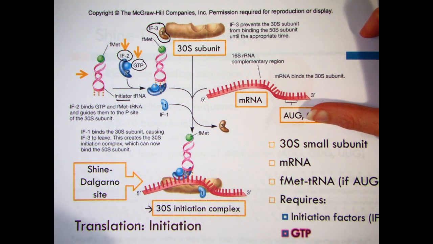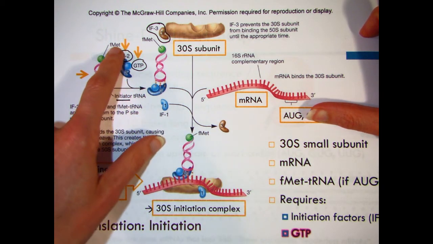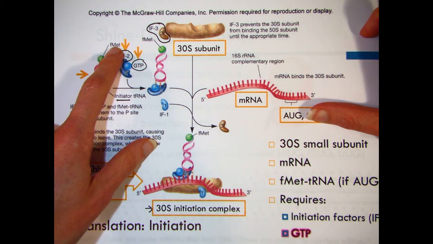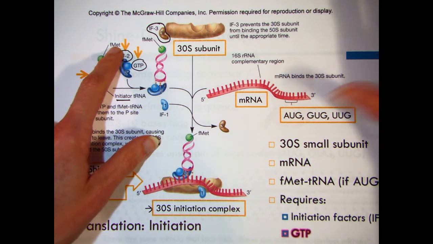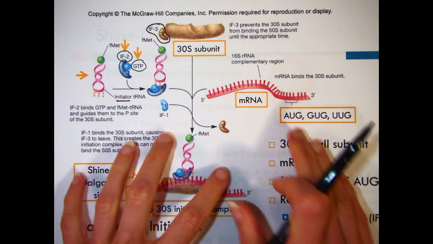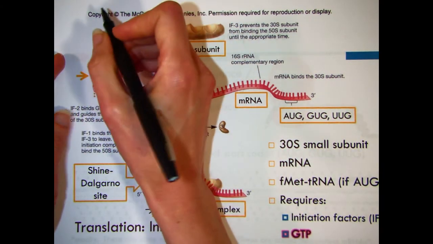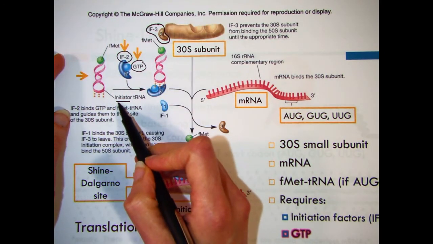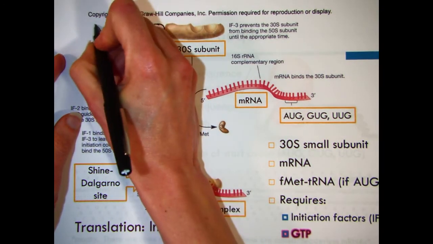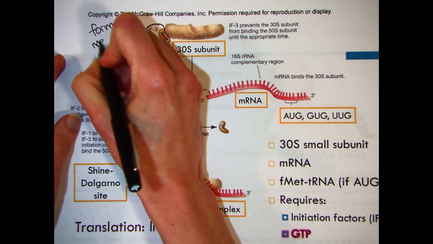The other extremely bizarre thing is you will see that this amino acid has this very mysterious F in front of it. So in bacteria, when the start codon is AUG, then the first amino acid, the amino acid on the initiator tRNA, is actually something called formyl methionine.